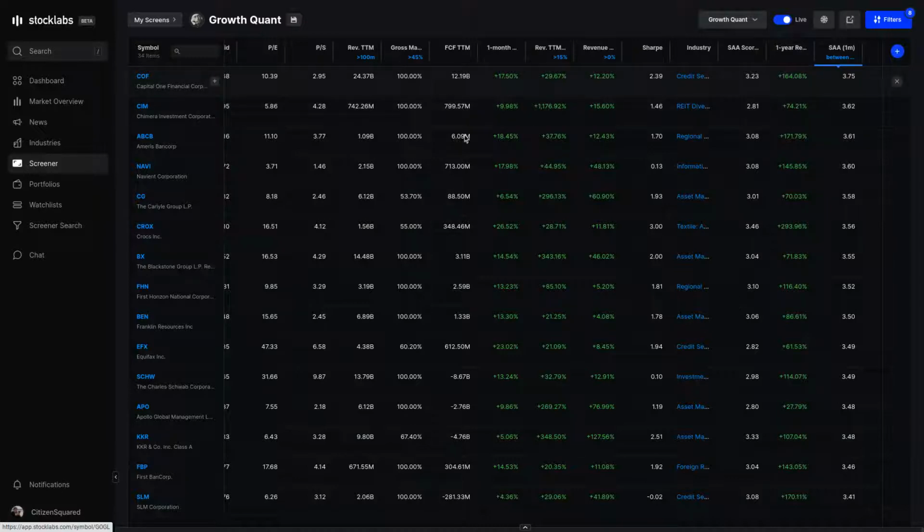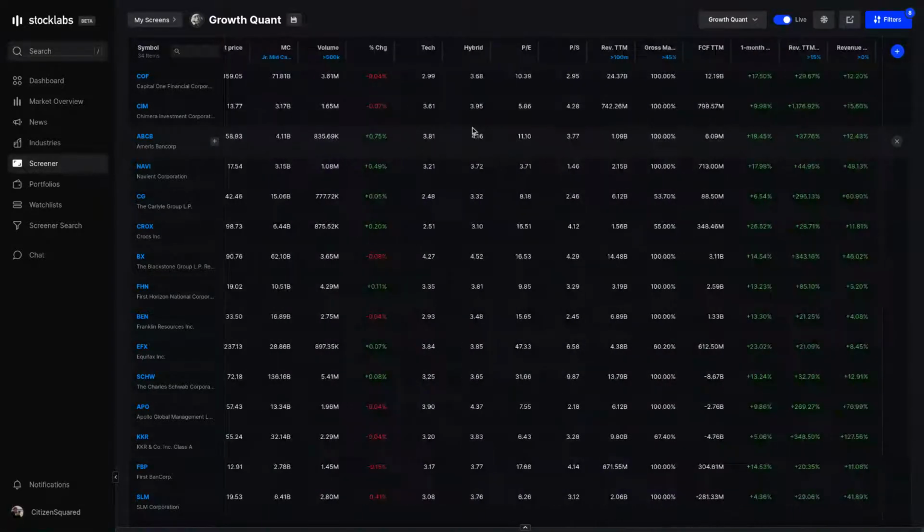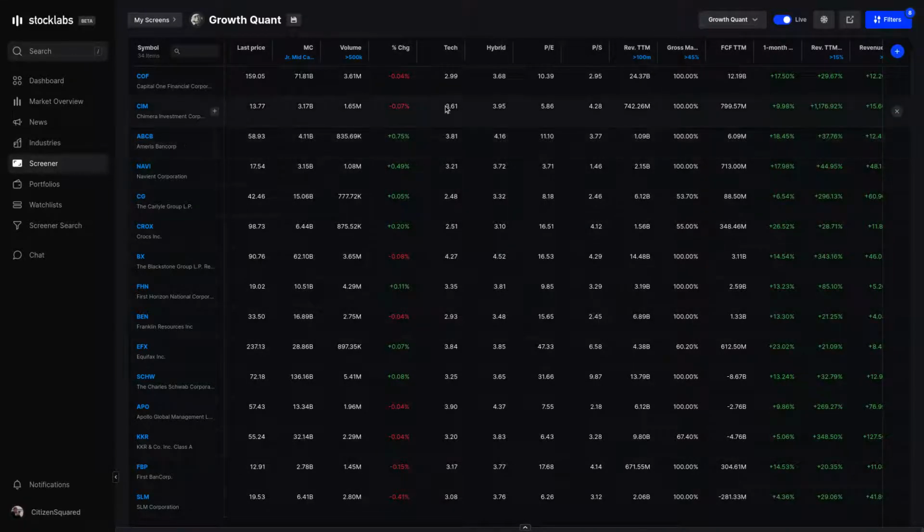So these stocks, along with having met his fundamental criteria, also have the most consistent price action over the last month. And he'll use that as a signal for which stocks to pick and include in his quant for the following month.